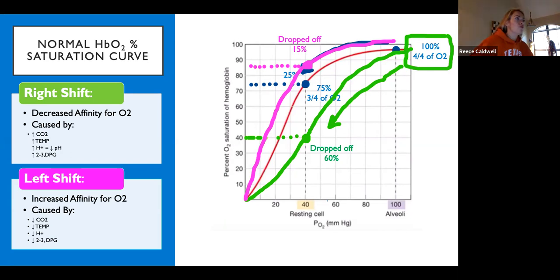If you're familiar with glycolysis, it's an anaerobic process, meaning it does not require oxygen, but we're trying to get to an oxidative state when we're in glycolysis. So whenever we have increased levels of 2,3-DPG or increased markers for glycolysis, that would be another reason to have a right shift to try and get more oxygen to those cells.